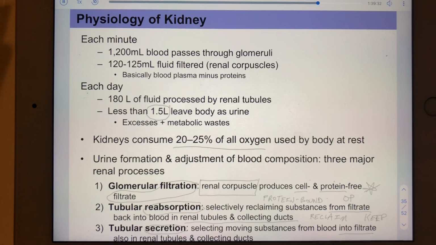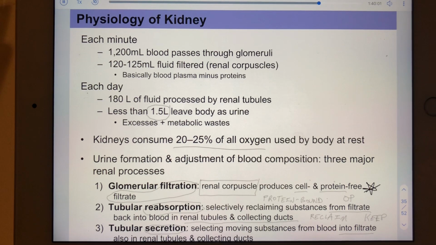And I'll come back to that momentarily elsewhere on the slide. Every day, the renal tubules will process 180 liters of fluid. That doesn't mean that we eliminate 180 liters of fluid as urine, because the job of the renal tubules is to make adjustments, right?